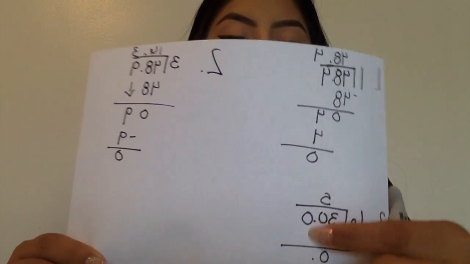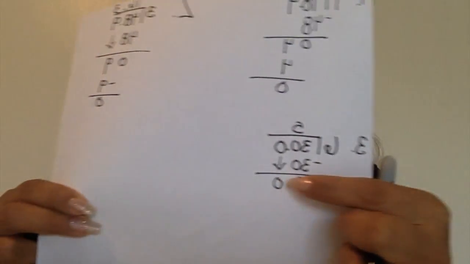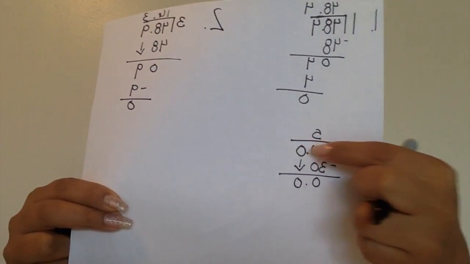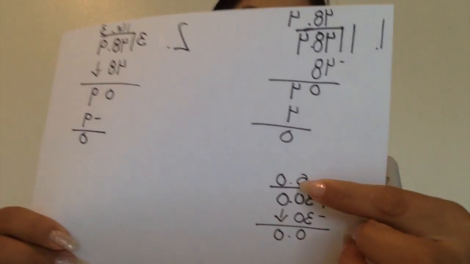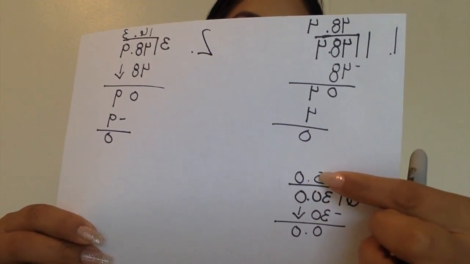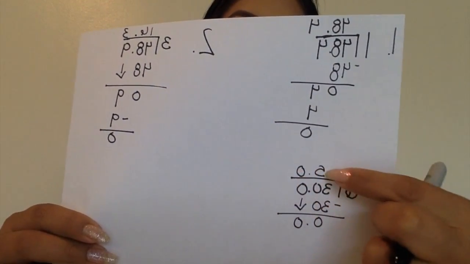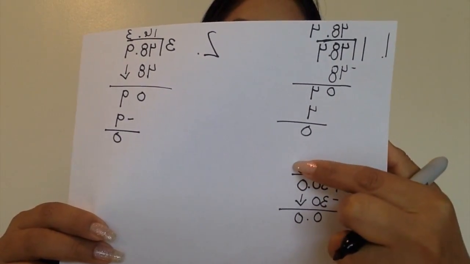Subtract it from the 30, we get a 0. We bring down the 0, that was after the decimal right here. We bring it straight down. So now we're at 0 again. Okay, let's just go ahead and put a decimal and a 0 because we are dealing with the decimal. How to do that? We add a .0 after the 5. So now it's still a whole number, but in decimal form.